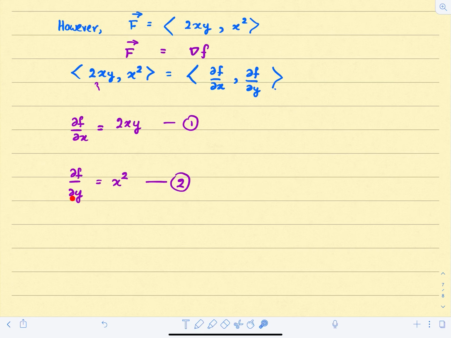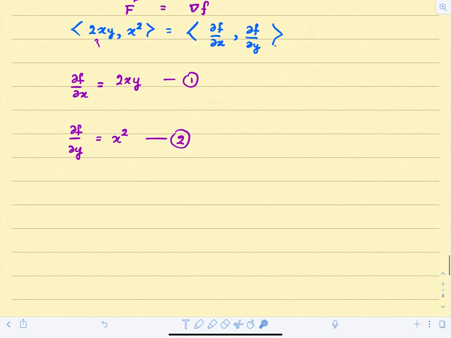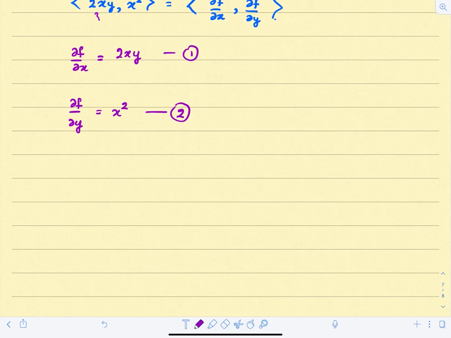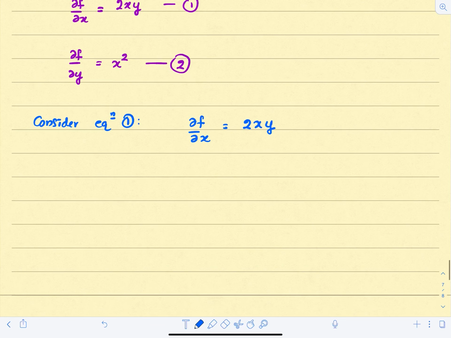Okay, so let's find our little f. So I'm going to consider equation 1. If you want, you could even consider equation 2, but here in this example I'm going to consider equation 1. Partial f over partial x equals 2xy. So we know the derivative of f with respect to the x variable, and it equals 2xy.